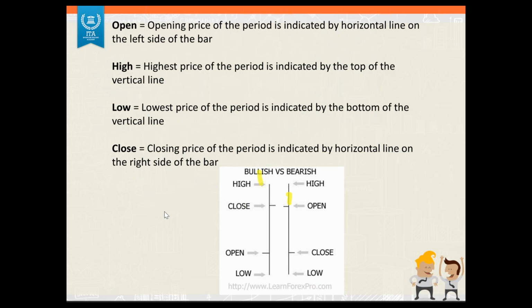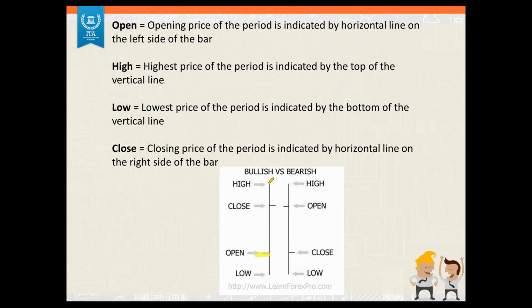Now, what you have in each one of these lines, depending on the time period that you're looking at, if you're looking at a 5-minute time period, a 15-minute time frame, a 1-day chart, whatever that time period is, it takes the high for that time period. Well, first it takes the open for that time period and puts a doohickey to the left. Then it takes the highest point it reached in that time period.